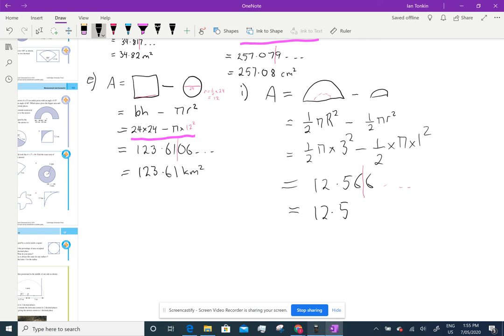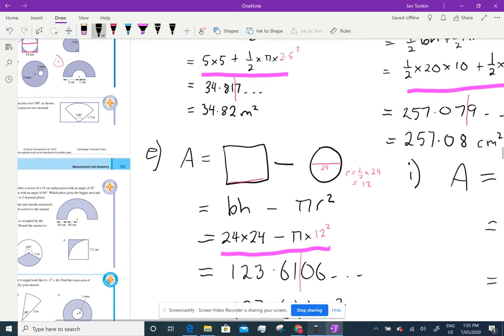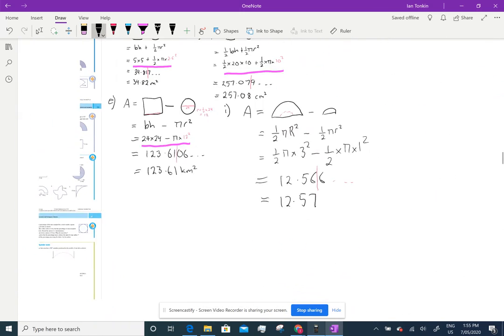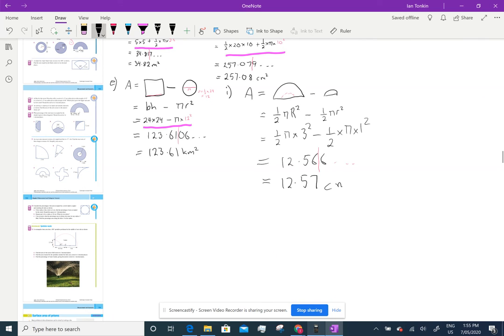Is the number behind the red line 5 or more? Yes, round up. What units were we in? Centimetres. Centimetre squares.